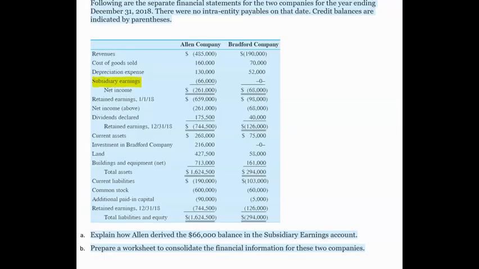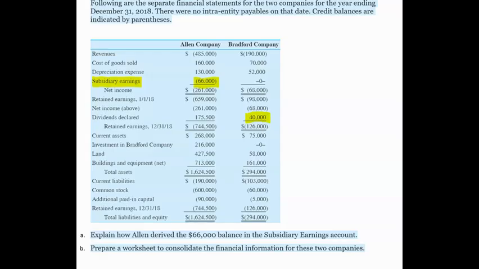So the balance here is $66,000. As we discussed before, Allen Company could use three different methods related to its investment account. If Allen Company used the initial value method, then the subsidiary earnings here should equal the dividend declared by Bradford. It is $40,000.